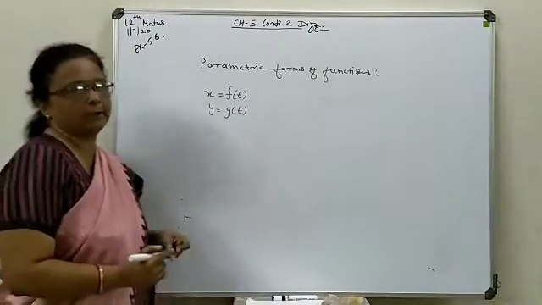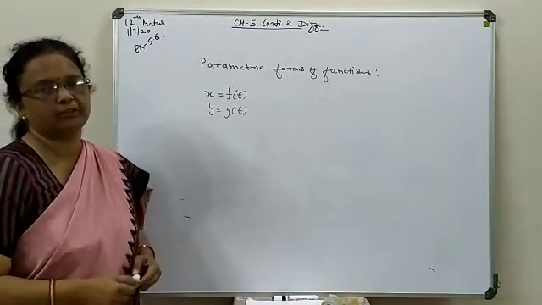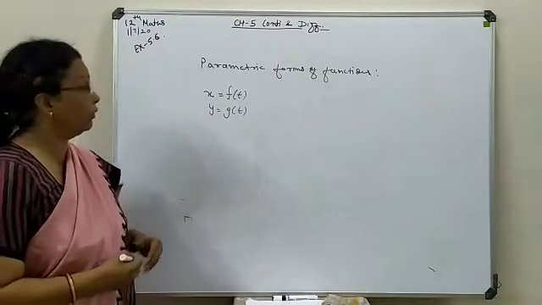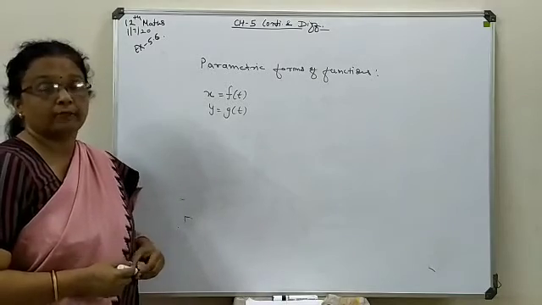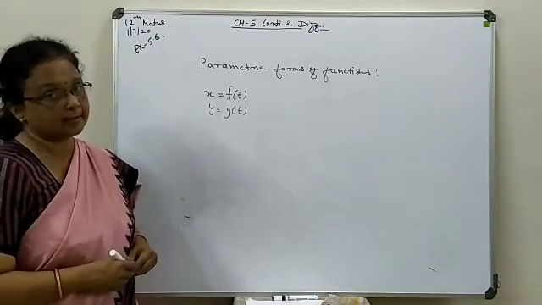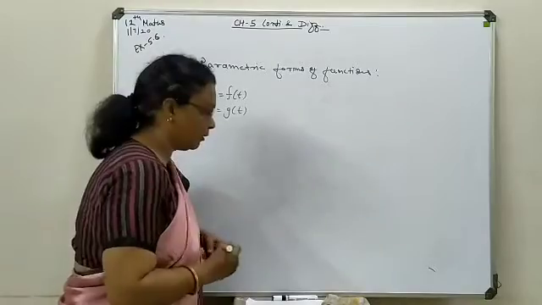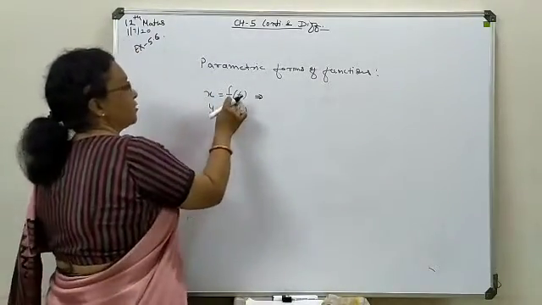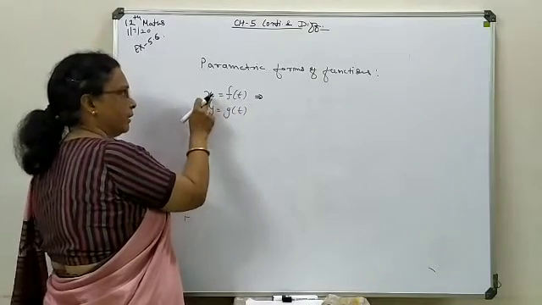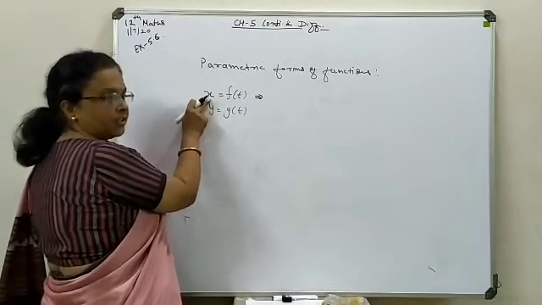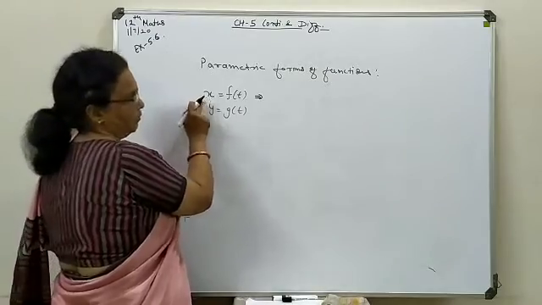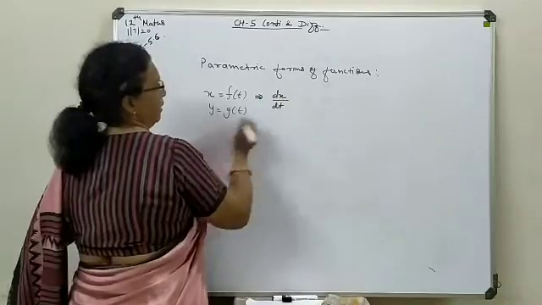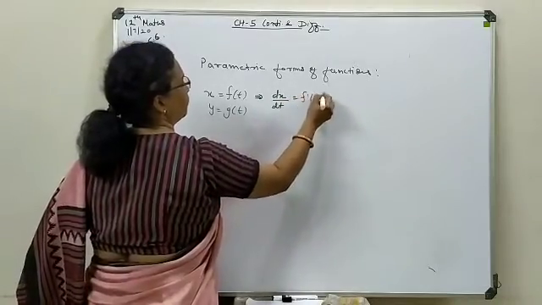Now the question will be available in pair form: x and y, both the variables, will be defined in terms of the third variable. Now how to proceed with the evaluation of dy by dx in this case? First of all, study your question very well, and then with respect to the third variable, go for writing the differentiation of the first parametric form, that is x. So first we will find dx by dt. This will be your f dash t.